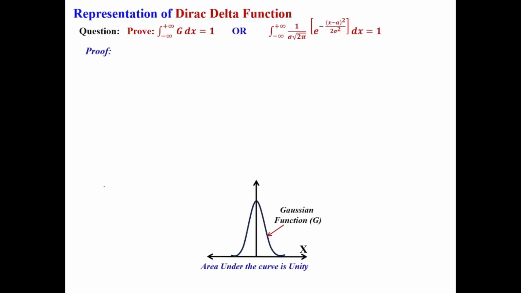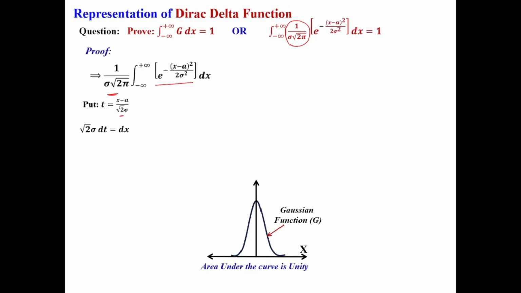Here you can see this term is a constant, so I have taken it outside of this integration, and the remaining part I have written as such. Then put (x minus a) by root over 2 sigma as t. That implies root over 2 sigma dt will be equal to dx.